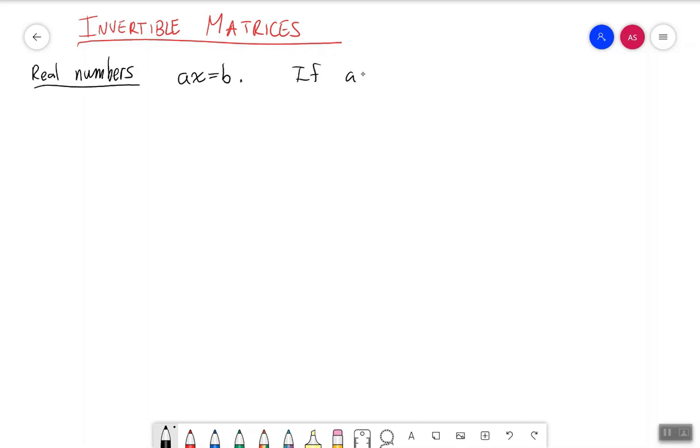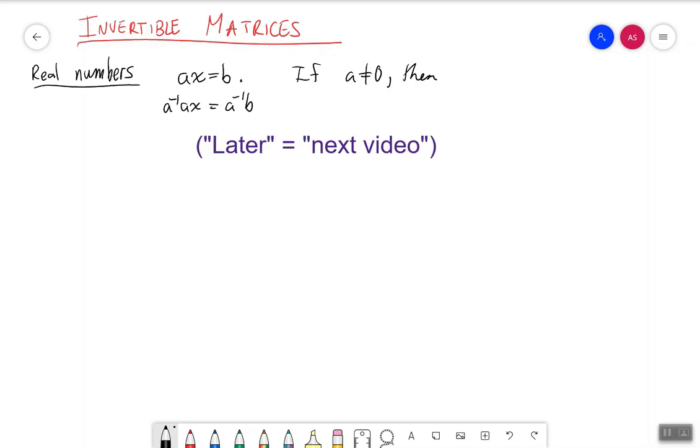If a is not 0, then we can do a inverse times ax equals a inverse times b. We've multiplied both sides of the equation on the left by a inverse. Now I'm writing a inverse as opposed to 1 over a just for emphasis, and I'll talk more about that later.